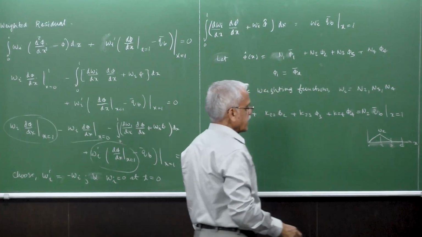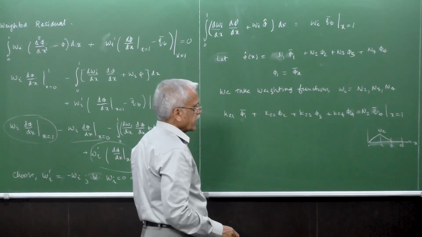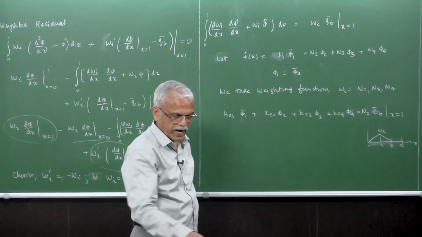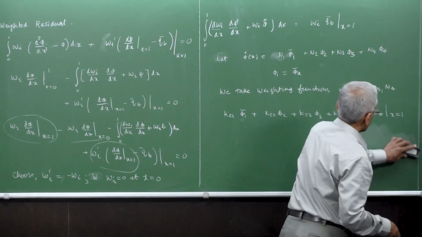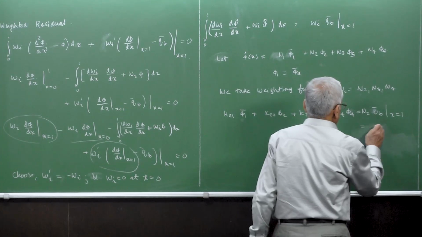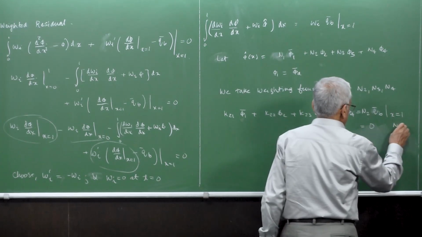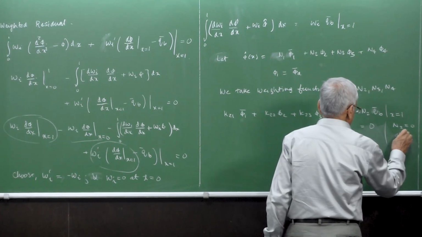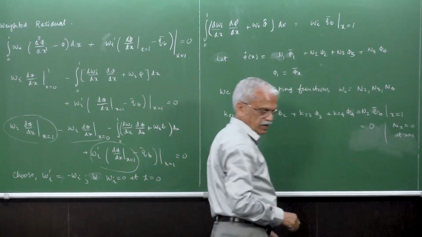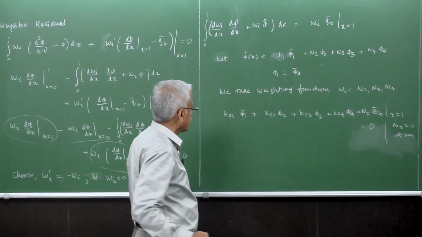So obviously N2 is 0 at x is equal to 1, right? N2 is 0 here. And so this term is 0, because N2 is 0 at x is equal to 1. Okay, so that is this equation.